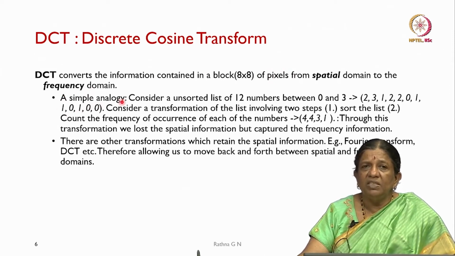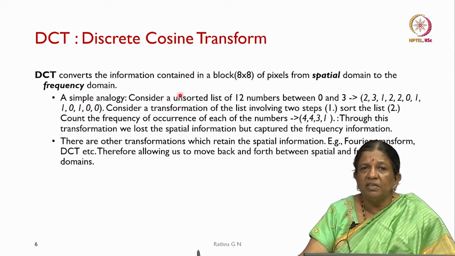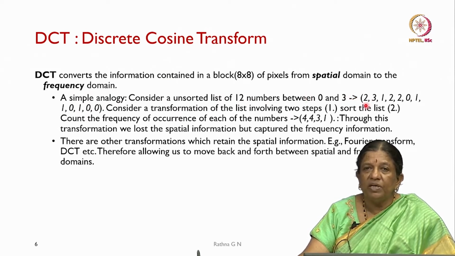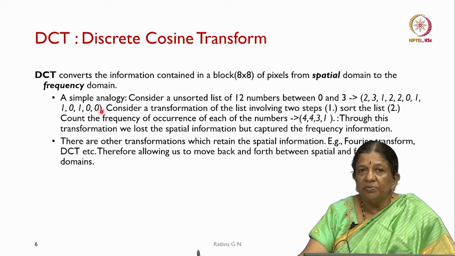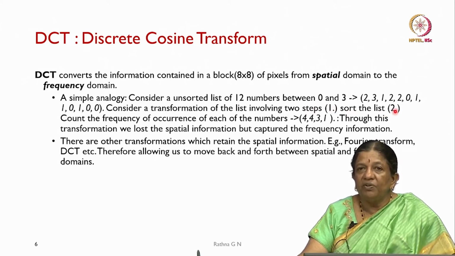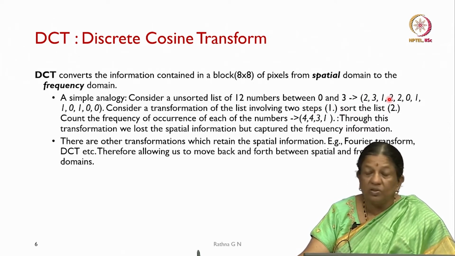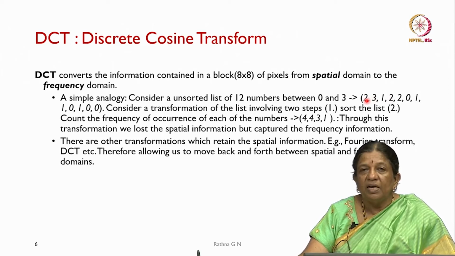A simple analogy: consider an unsorted list of 12 numbers with values only between 0 and 3. This is the list: 2 3 1 2 2 0 1 1 0 1 0 and 0. How are we going to do the transformation of this list? It involves two steps. First, sort the list, either upwards or downwards.